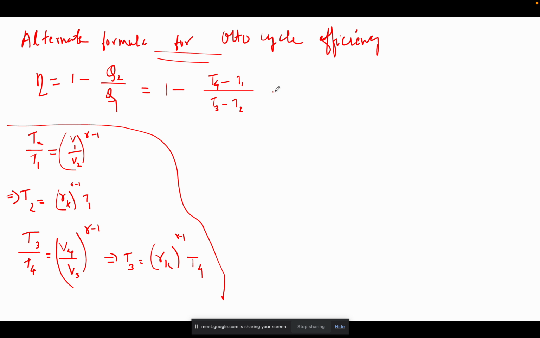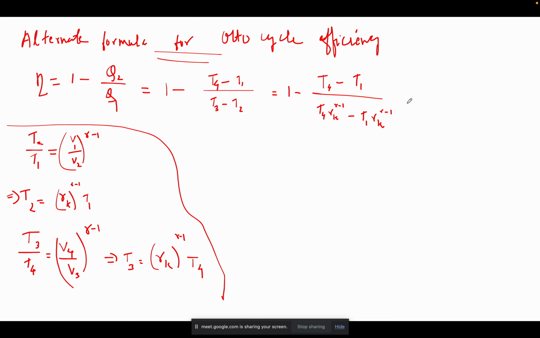Now from this we will put T3 as T4 into Rk to the power gamma minus 1. And what is T2? T2 is nothing but T1 into Rk to the power gamma minus 1.